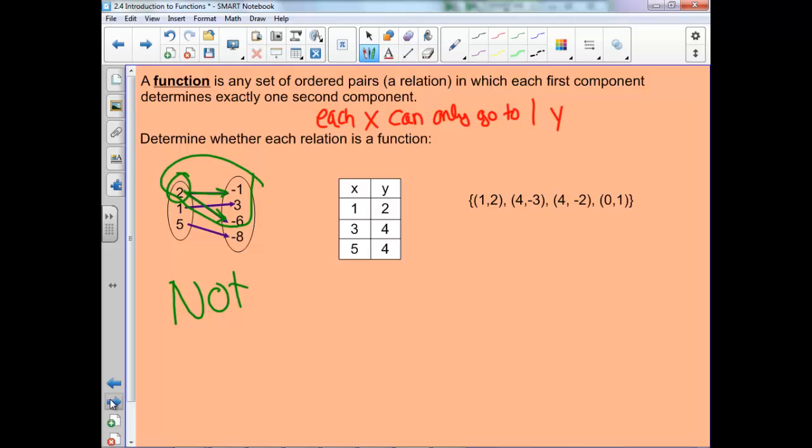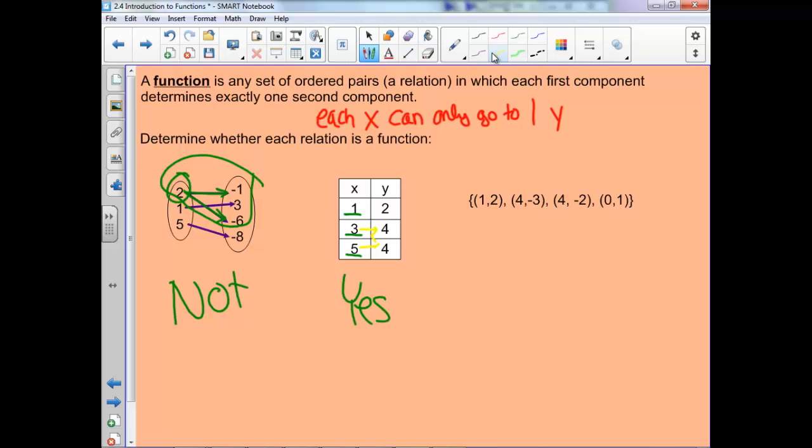The second one, notice each of our x's only goes to one y, so this is a function. And notice in this case it doesn't matter that both of these numbers are going to 4s, because it's only the x's that we really care about.